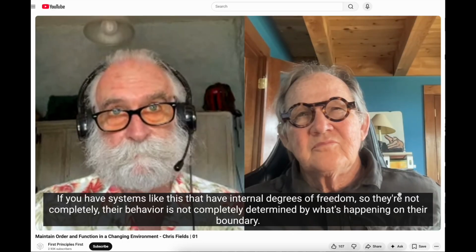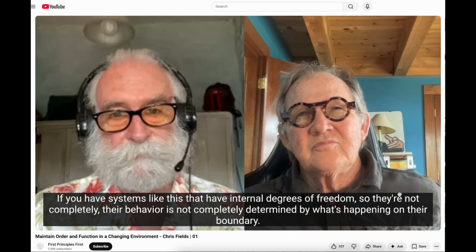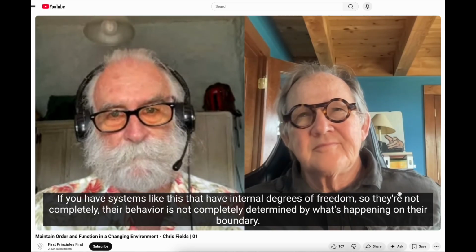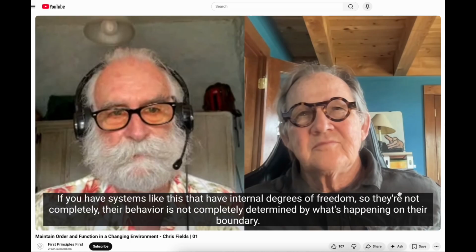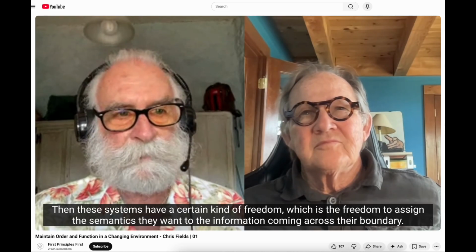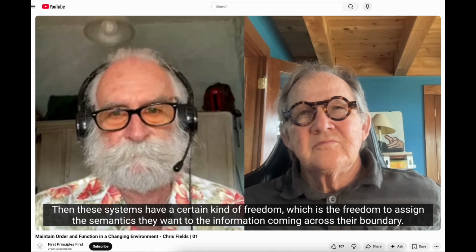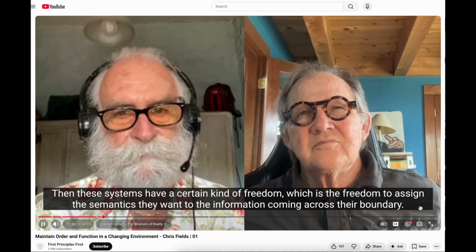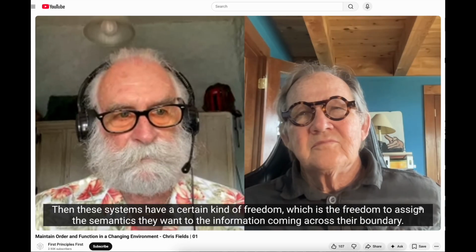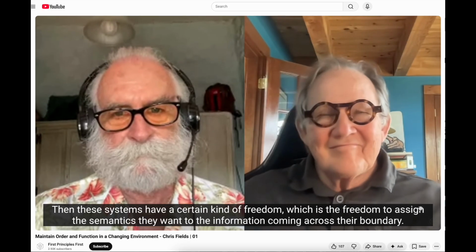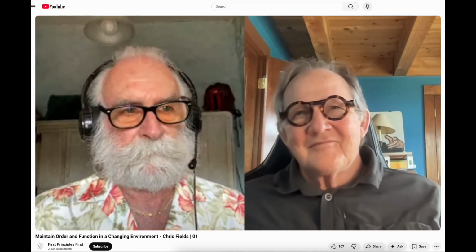If you have systems like this that have internal degrees of freedom, so their behavior is not completely determined by what's happening on their boundary, then these systems have a certain kind of freedom, which is the freedom to assign the semantics they want to the information coming across their boundary.